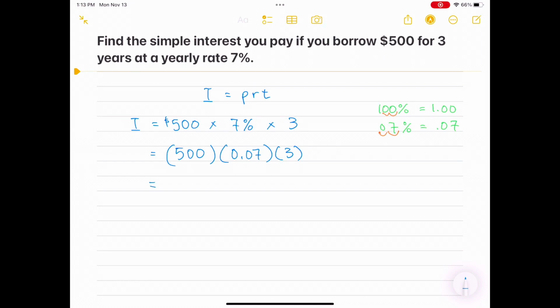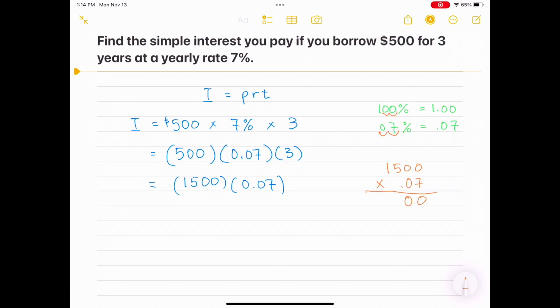I continue the problem. Right away, I see that 500 times 3 equals 1,500. So I simplify that first, and then I multiply with 0.07. Now I need to multiply 1,500 times 0.07, and I do that calculation on the side.